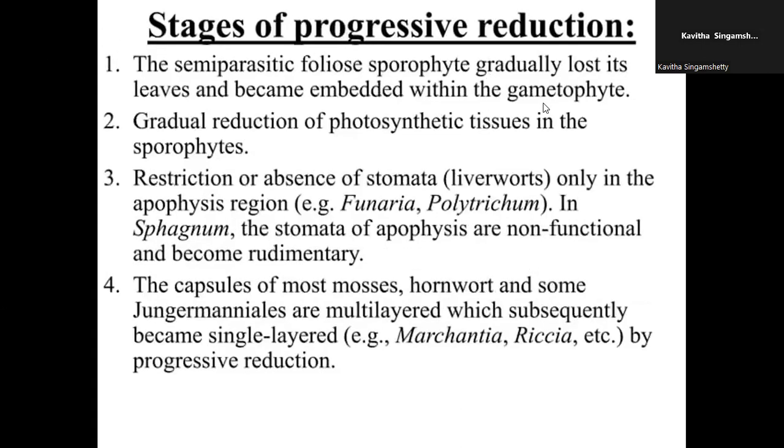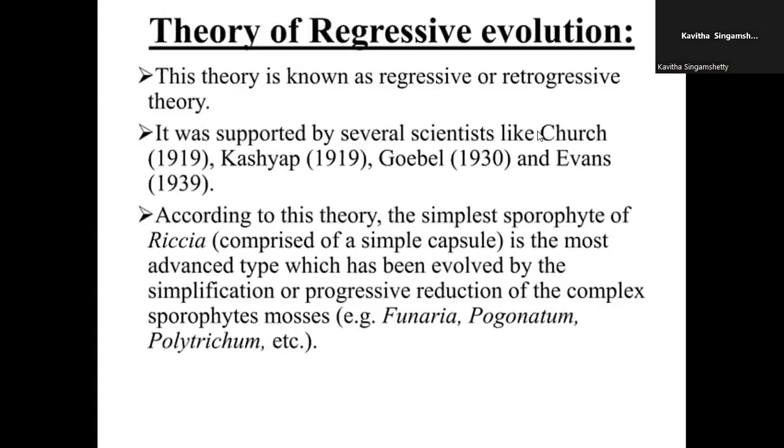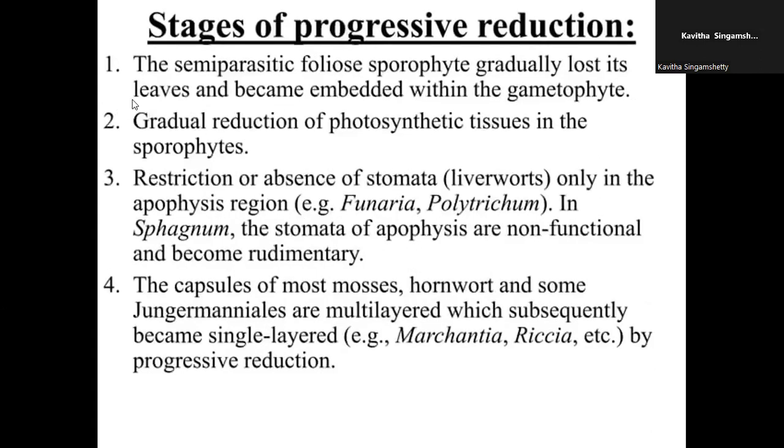Now here we'll see the progressive reduction, that is the regressive theory. What does it say? The semi-parasitic foliose sporophyte gradually lost its leaves and they became embedded within the gametophyte. This is the primitive form. So there is a gradual reduction of photosynthetic tissue in the sporophyte, with restriction or absence of stomata only in the apophysis region.